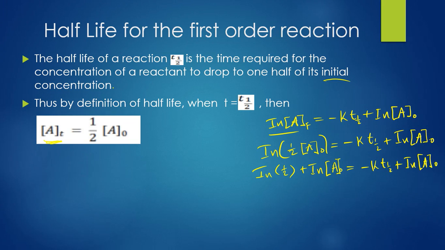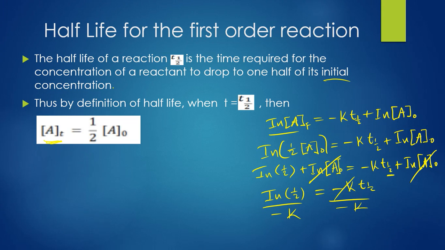Here your aim is to remain with t 1/2. Have you seen these two terms are common on this side and this side? So you cancel them, and you're going to have ln of 1/2 equal to negative k t 1/2. Now you want to remain with t 1/2, so you divide both sides by negative k.